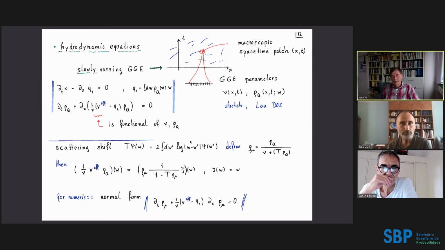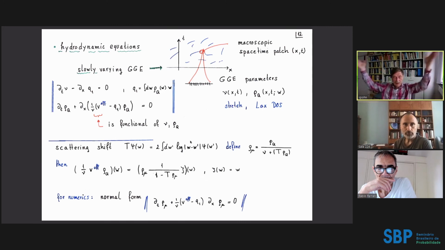Okay, maybe I first tell you what scattering shift means. Scattering shift means the following: if I take two particles on the infinite line, then when I look asymptotically for large time, they will just move linearly, and the same thing if I go backwards in time.